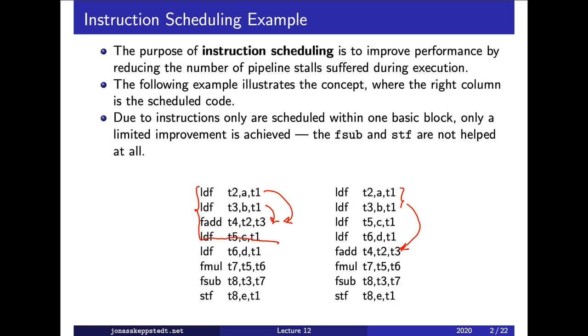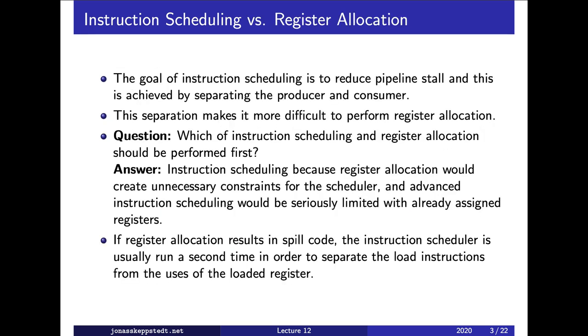So we increase the register pressure. Then there is also the question, which should we do first, instruction scheduling or register allocation? The answer is that we should first do instruction scheduling, but keep in mind the register pressure. Then do register allocation, and if there are spills, redo instruction scheduling.